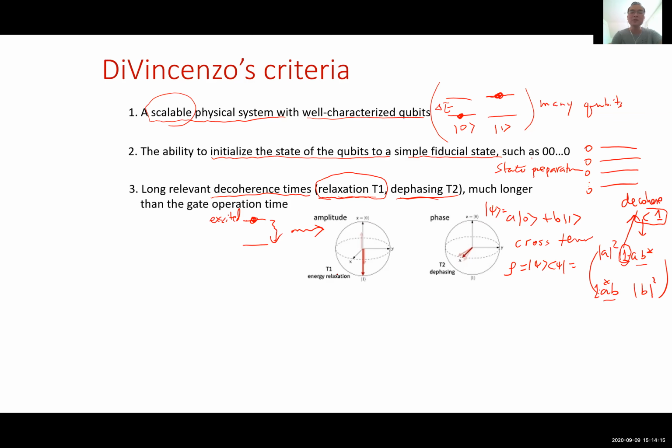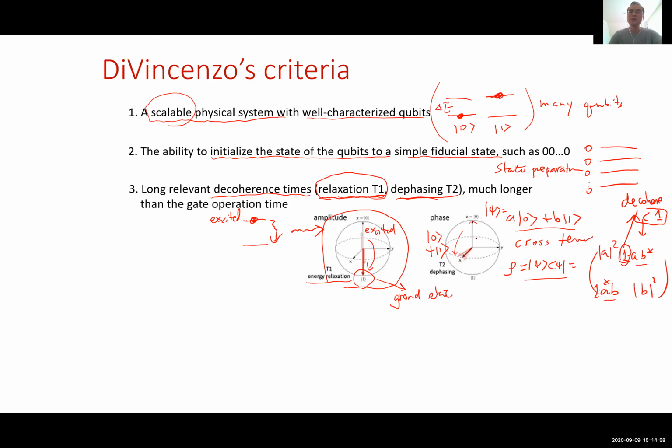So the picture that's drawn here using the Bloch sphere, I think this is denoted as a ground state. The excited state can decay. So this is energy relaxation. The time it takes to do this is called T1 time, relaxation time. T2, if you want to have a more pictorial way of understanding, is that when you flip this to an equatorial plane, it's 0 plus 1, for example, with some phase.